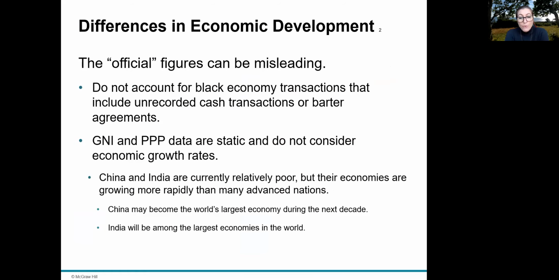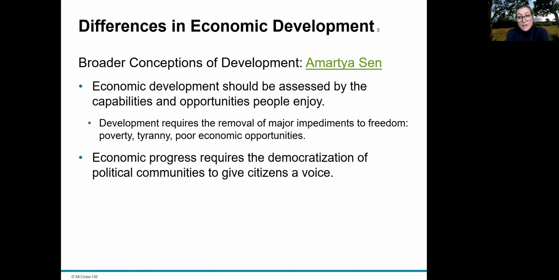And so what that means is that they are relatively poor countries, but their economies are growing very fast, in fact, far faster than the US. And so what's that going to mean long term? Probably that China will be the world's largest economy during the next decade, and India will also be at the top of that list.